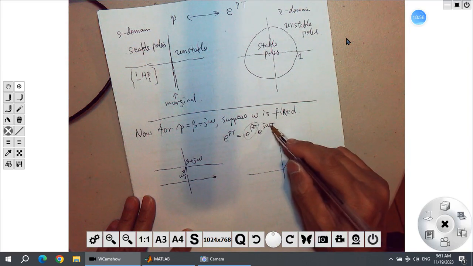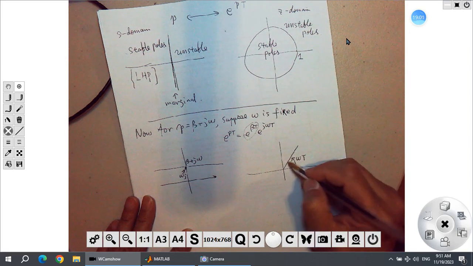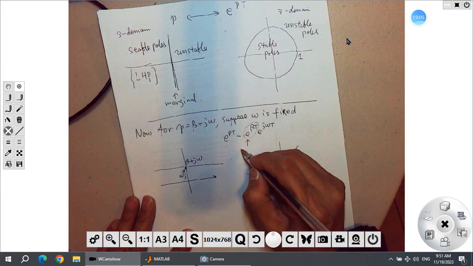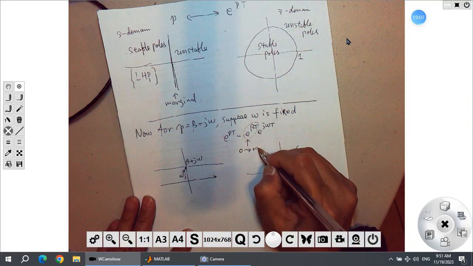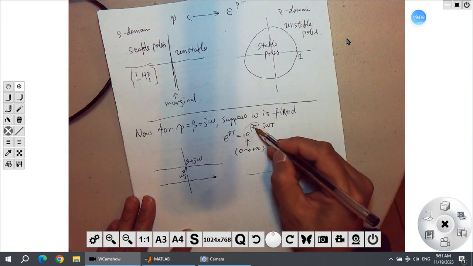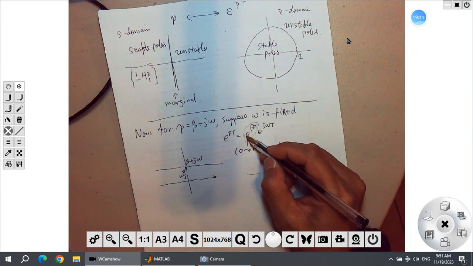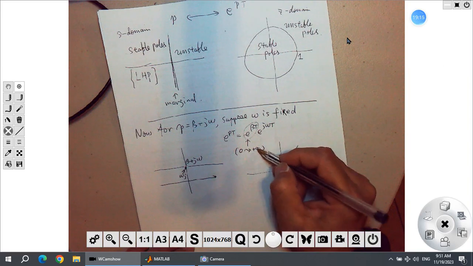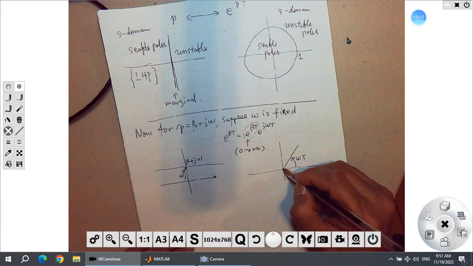J omega T gives you an angle, and this gives a different value. This value is from 0 to positive infinity, right? If beta is negative infinity, it is 0. If beta is positive infinity, it is positive infinity. So it's from 0 to positive infinity.